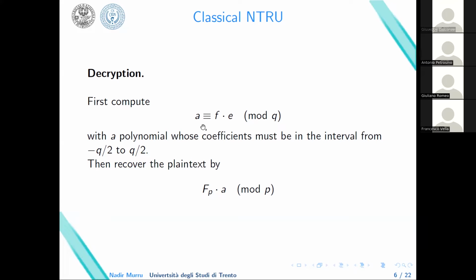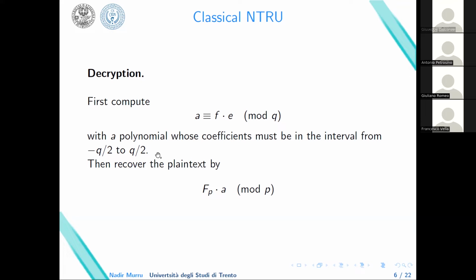You get a polynomial A. This polynomial, and this is very important in NTRU, is a polynomial whose coefficients must be in this interval. Otherwise, the decryption can fail. But we will see that this polynomial A has almost always the coefficients in this range.